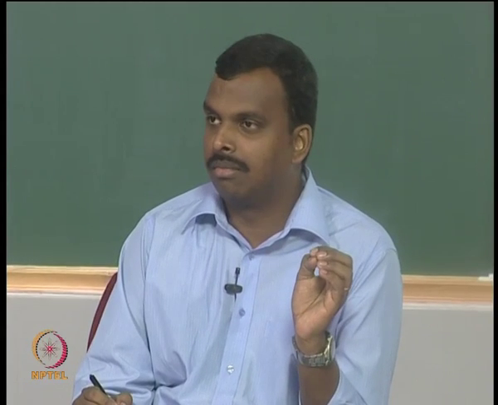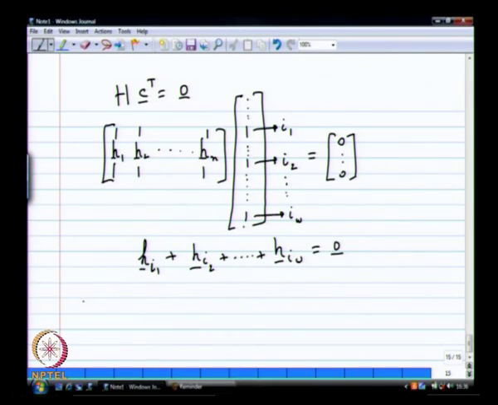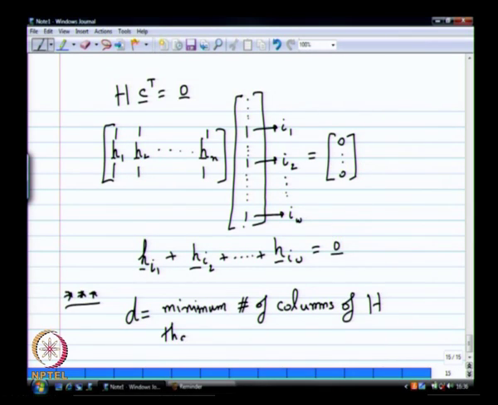Is that okay? So, from this we get this following relationship, which is an important relationship. Okay. So, let me put a few stars to denote that it is important. D equals minimum number of columns of H that are linearly dependent.